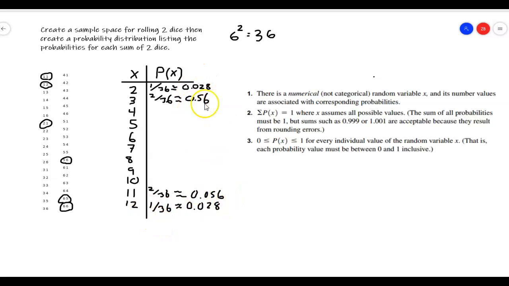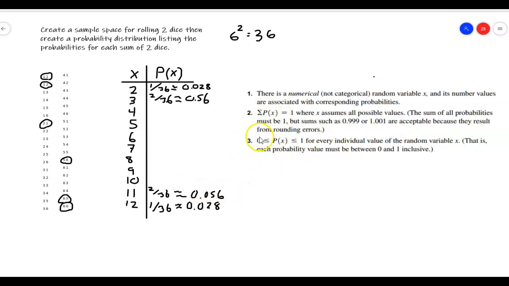And the same thing with these decimals. We get something very close to 1. Now we might get a little bit of a rounding error because we had to round on those. You saw that with the calculator. But as long as it's either 1 or very close to 1 because of rounding errors, that's what we're looking for here. And there are quite a few examples in chapter 5.1 where they don't add up to 1, and those are not considered probability distributions, and you'll see those in your homework as well. So it's really important to weed those out.